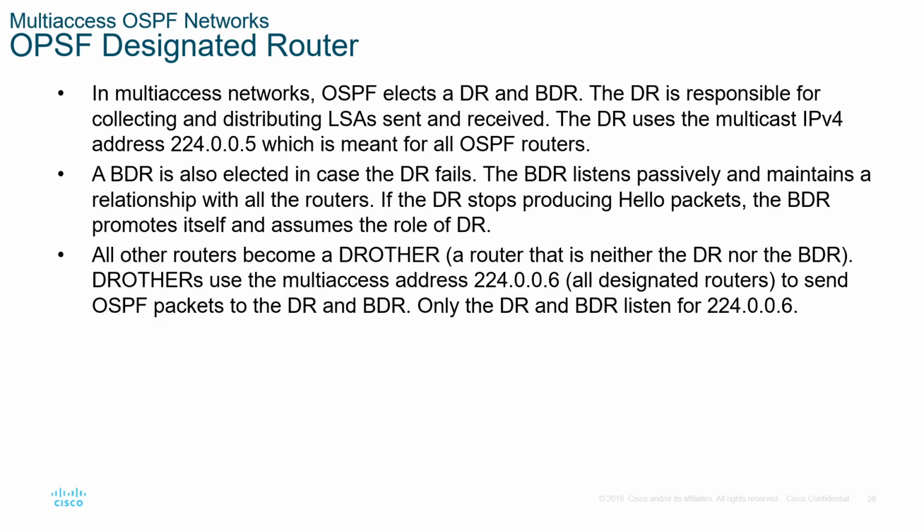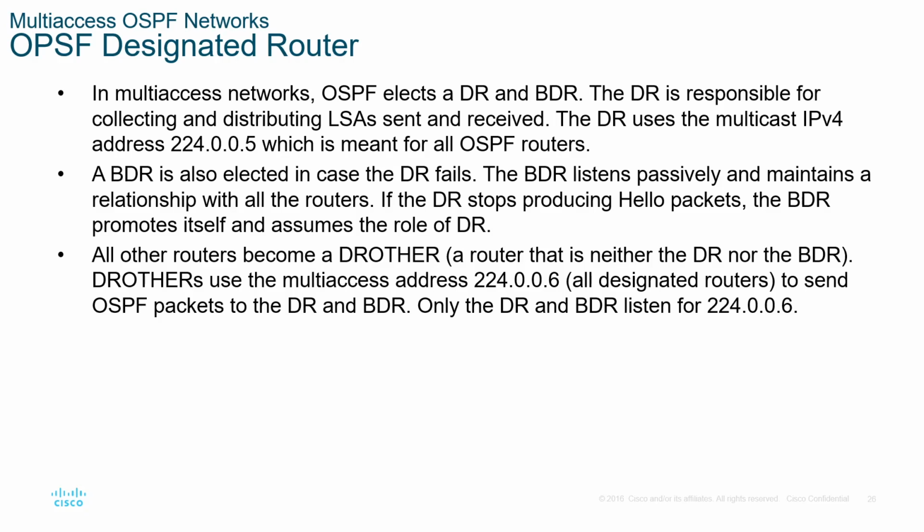The BDR is pretty much a backup for the DR, so it's doing exactly the same thing as the DR. If the DR goes down, the BDR will immediately become the DR. Everything that the DR was doing, all the routes that the DR knew, will come to the BDR. If one of the DROthers changes a configuration, it just uses the 0.0.6 address. Exactly.